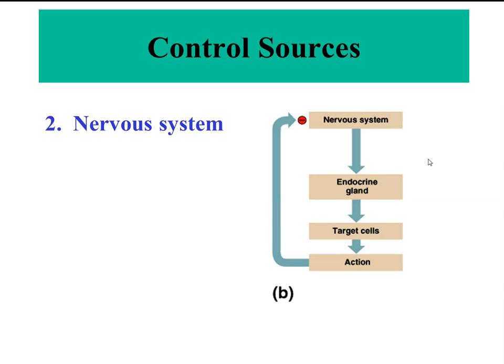Okay, so internal environment and neural connections can control the release of hormones to regulate, with negative feedback again, the amount of these chemicals found in the body.